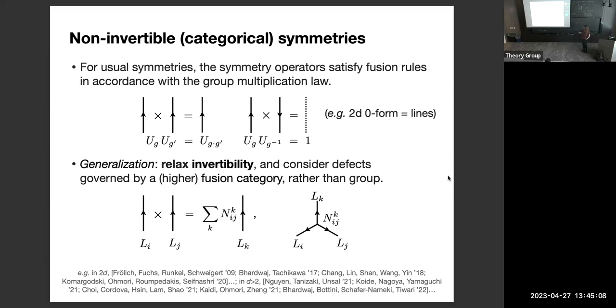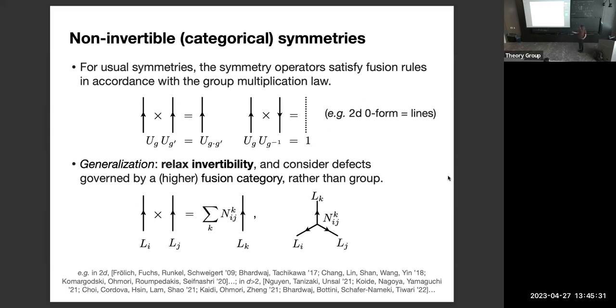So, for example, I would have some fusion structure where when I fuse two of the defect operators, I can get a sum of other symmetry operators in the theory governed by these fusion coefficients, which tell me about fusion of these, in this case, lines together.